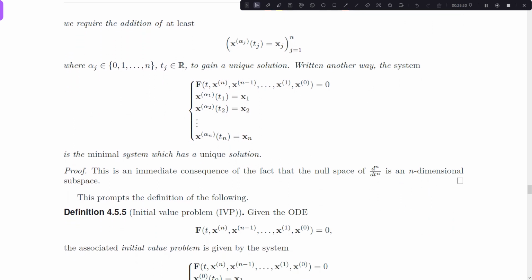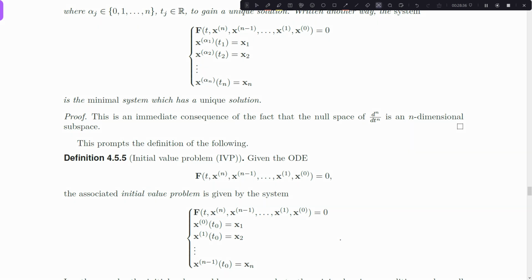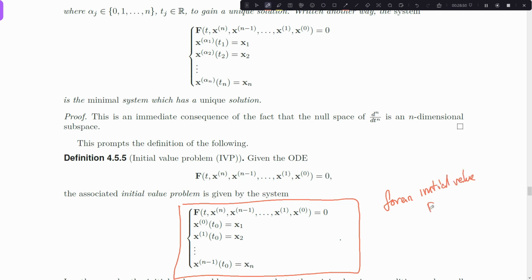Okay, so the first case of these is what's called the initial value problem. And what's special is that here we can see the system where the first line is the ODE and the rest are evaluation conditions. For an initial value problem, all evaluations take place at the same place, and I should say in time.